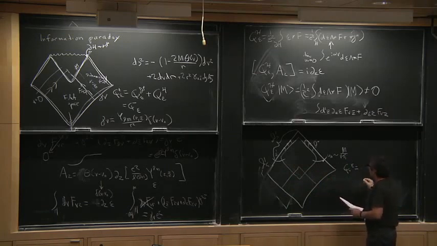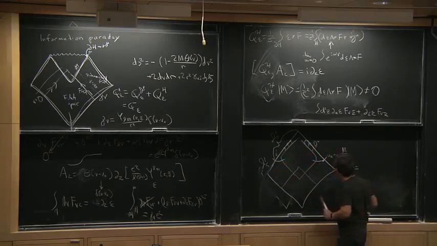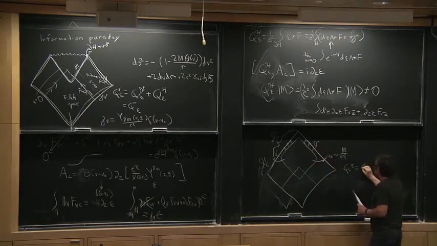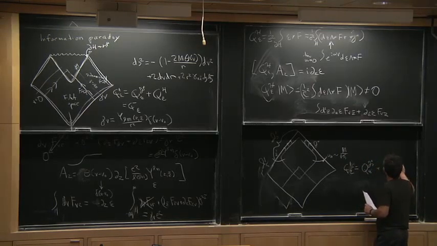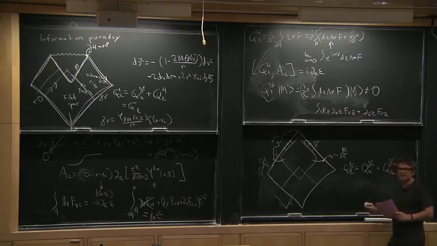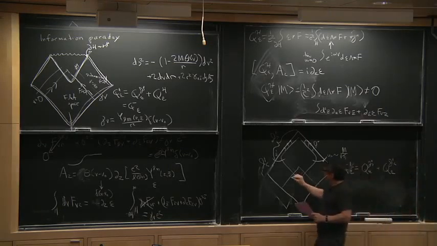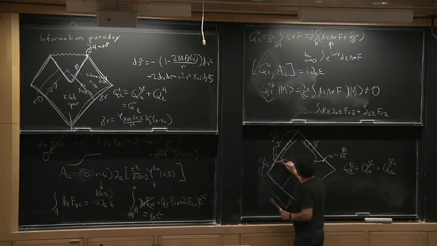So obviously, Q plus epsilon, if I take this Cauchy surface, I can write it as Q Scri plus greater epsilon plus Q Scri plus lesser epsilon, just dividing the surface into two. On the other hand, I could also do this.